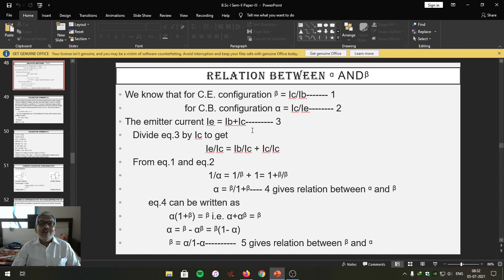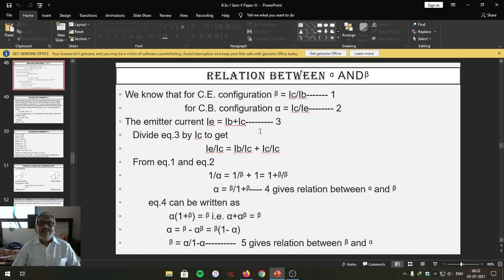In the base region, out of emitted charge carriers, some will recombine with the other charge carriers to constitute the base current, and the remaining are collected by the collector as the collector current. Due to this, we can write emitter current IE is equal to IB plus IC, where IE is the emitter current, IB is the base current, and IC is the collector current. Let me call this equation number 3.